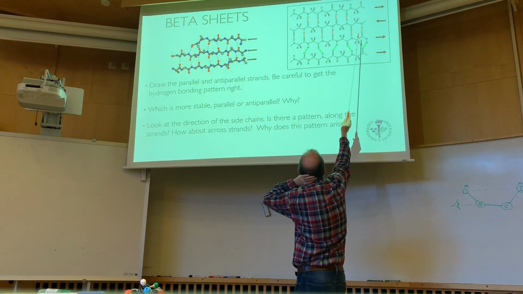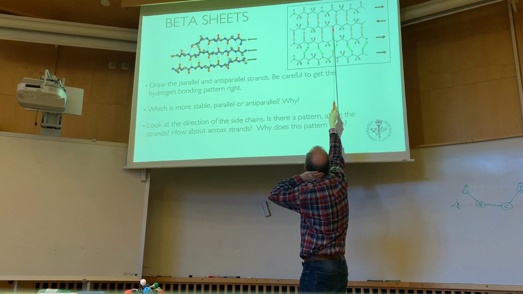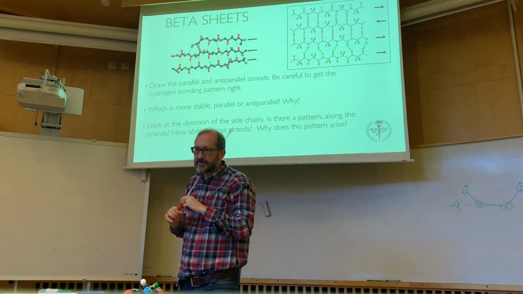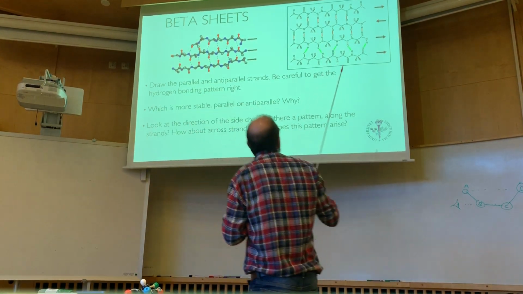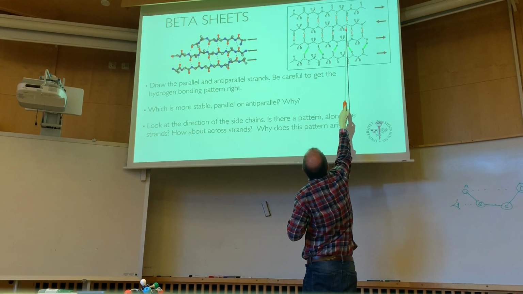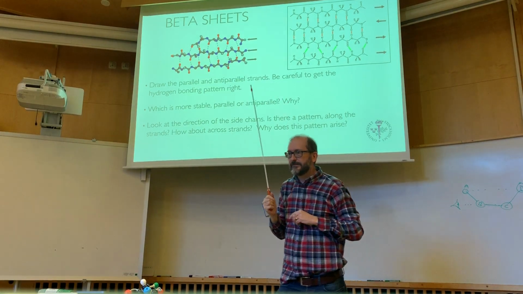In the case of this anti-parallel strand, you can see here, you've got carboxyl oxygen interacting with the amide hydrogen. And then over here it reverses, and now you've got the hydrogen on the bottom strand interacting with the oxygen on the top strand.